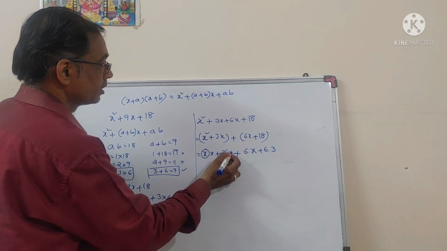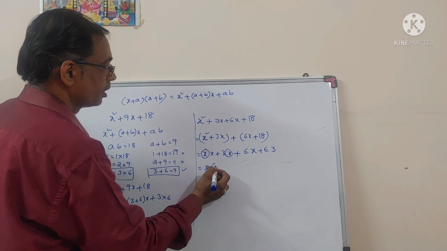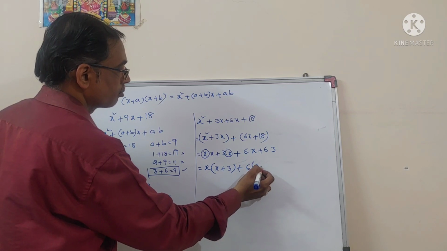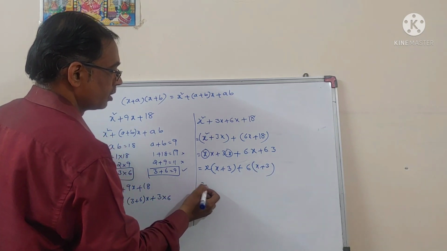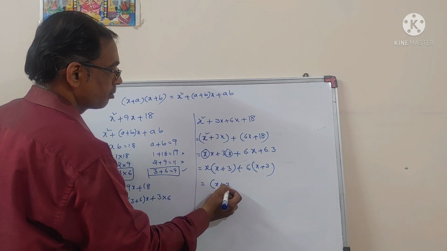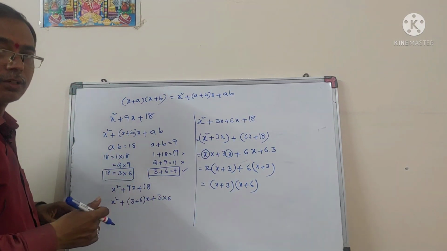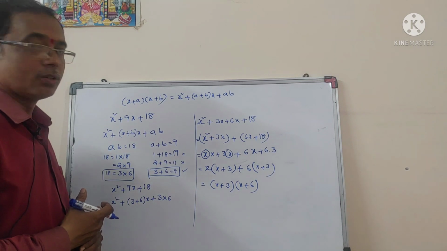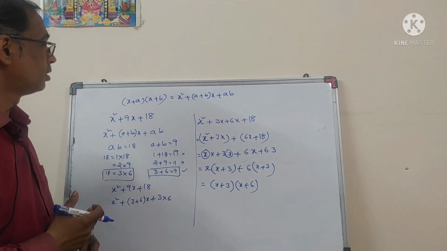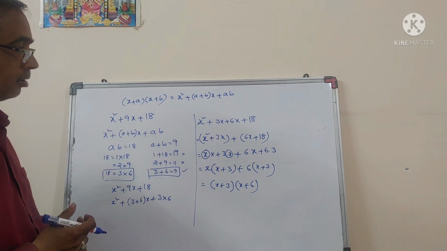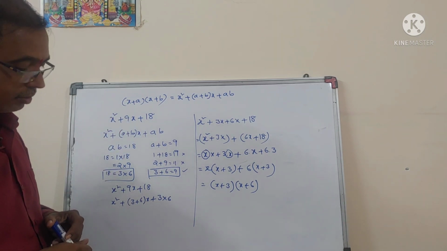So in both of these x plus 3 is common, so you can take it outside. x times of x plus 3 plus 6 times of x plus 3. Then we can write x plus 3 into x plus 6. Okay, this is how to get the factors of the expression x square plus 9x plus 18. So in this way you have to factorize that one.